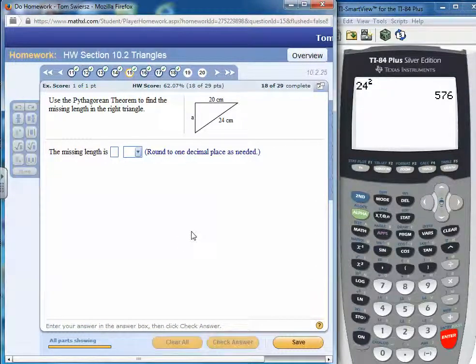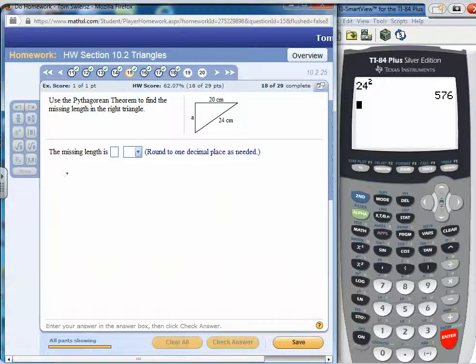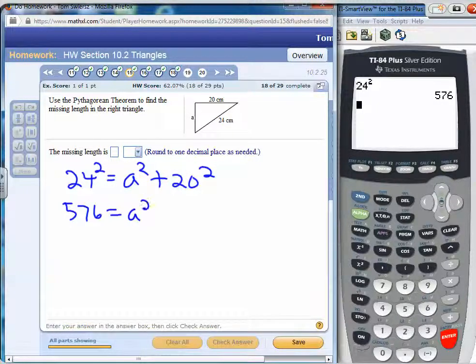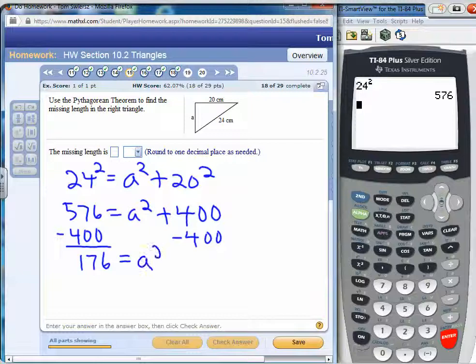So 24 squared equals a squared plus 20 squared, and 24 squared is 576 equals a squared plus 20 times 20. I can do that in my head, or you can use your calculator if you need to: 400. Now we're going to subtract 400 from both sides, and we get 176 is equal to a squared.